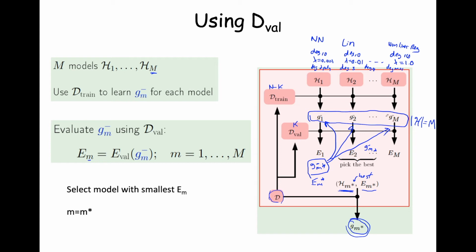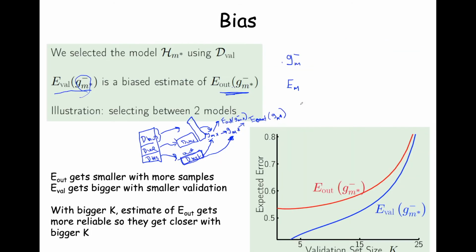And Hoeffding's inequality and the VC bound tell us that if you train with a bigger training set, N minus K is bigger, you're going to get smaller out-of-sample error. So the out-of-sample error associated with g_m star minus is going to be smaller. And so this looks like a reverse learning curve, right? As N gets bigger, in this direction, E out gets smaller. As N gets smaller, going to the right, E out gets larger.